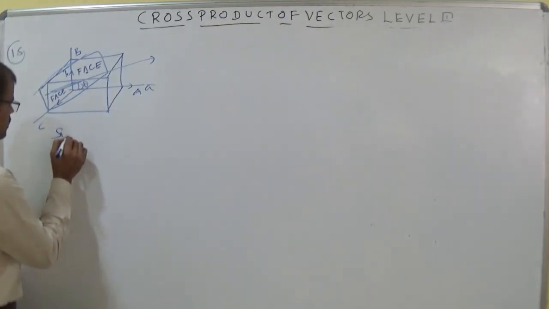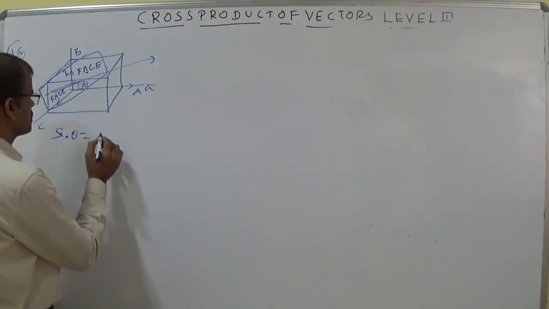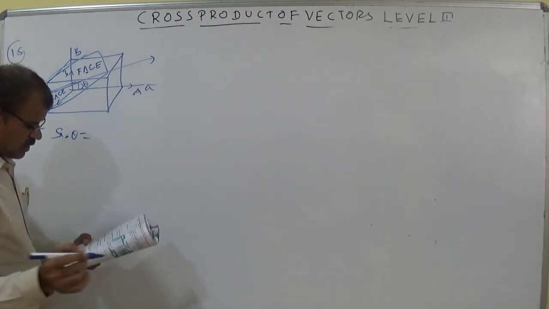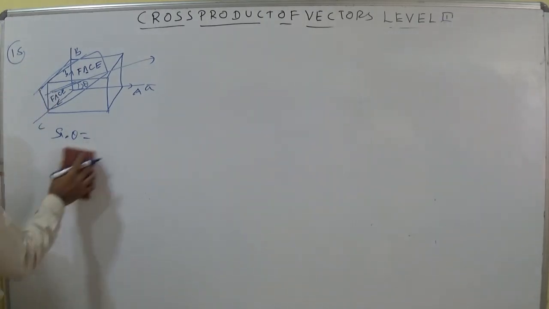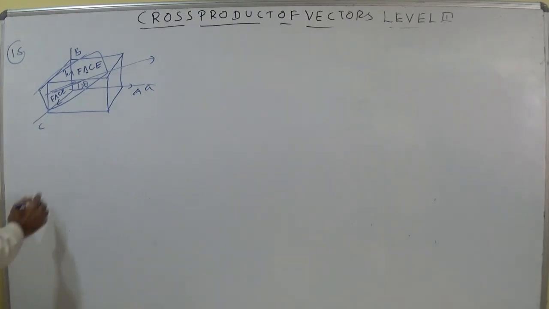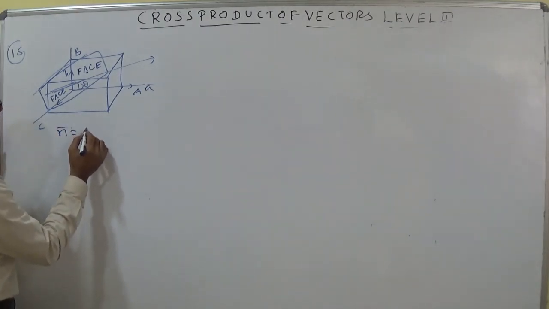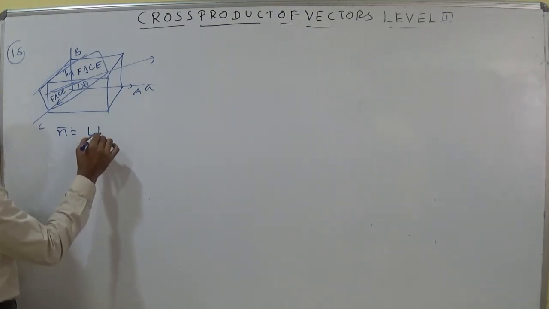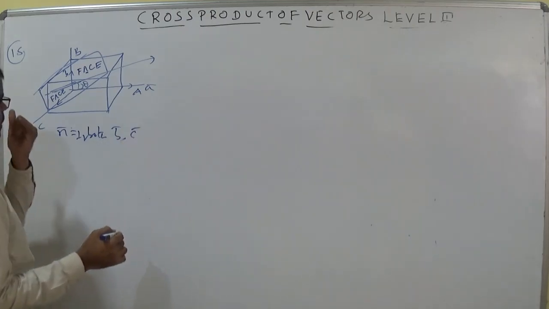Now write the formula: the angle between plane and line is sin theta. Now you should calculate the unit normal vector. I am writing the normal vector n bar, which is perpendicular to both B bar comma C bar.